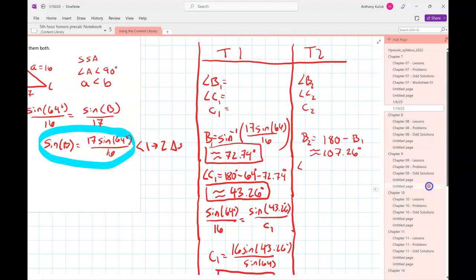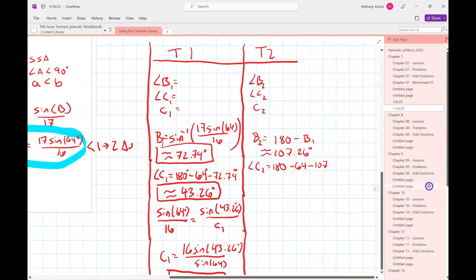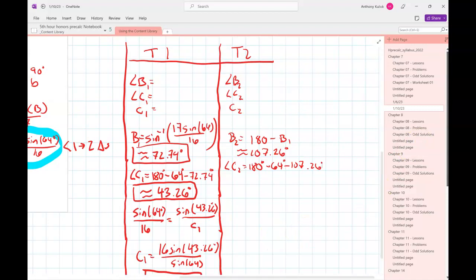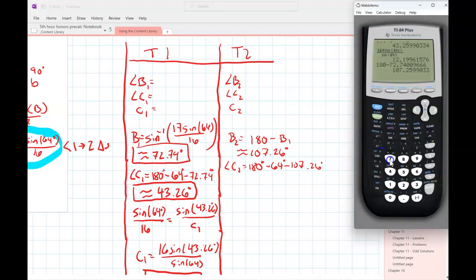And then to find angle C2, I can do the same thing. Angle B is still 64. That part's constant in both triangles. But I'll use my new angle B. I meant angle A is still 64, excuse me. But I'll use my new angle B. So that's 8.74.